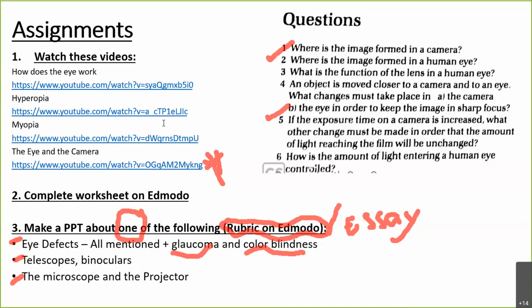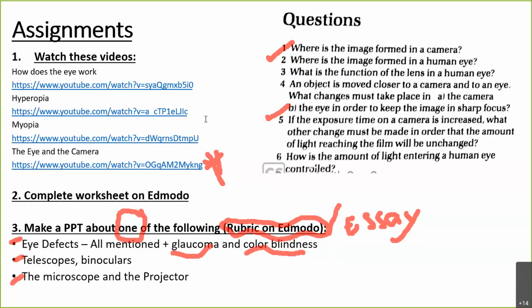All right, so are there any questions? Okay, essay. So PowerPoint or essay on one of these topics. All right, so you can head over to Edmodo to get this PowerPoint. It should be up there now, and you can get started on your assignment.